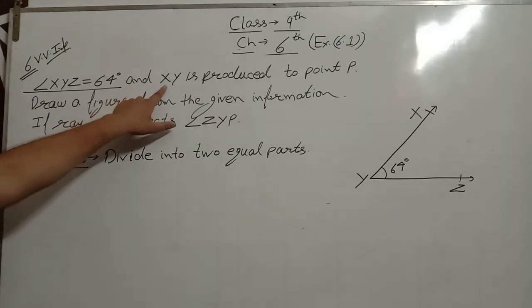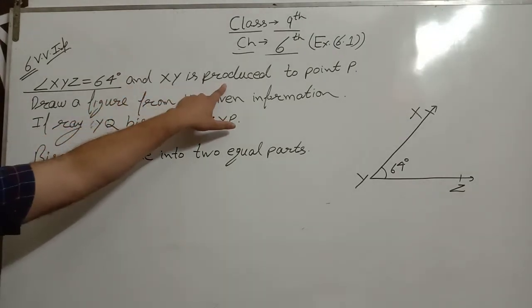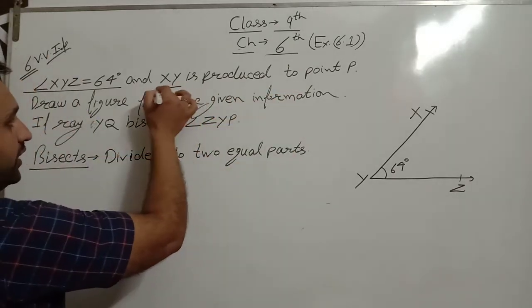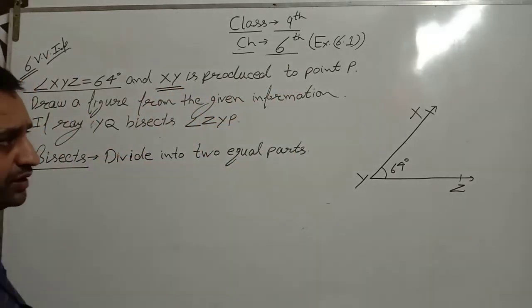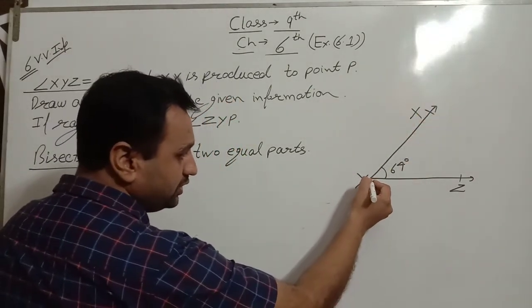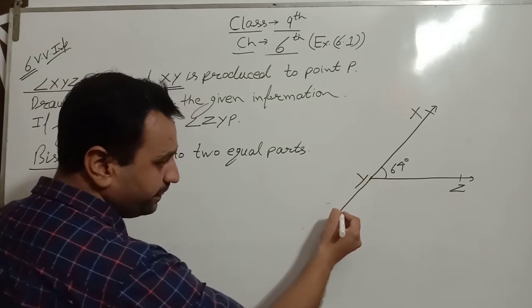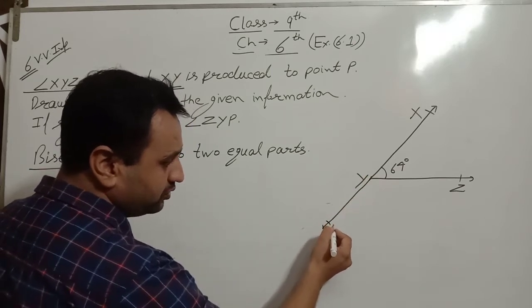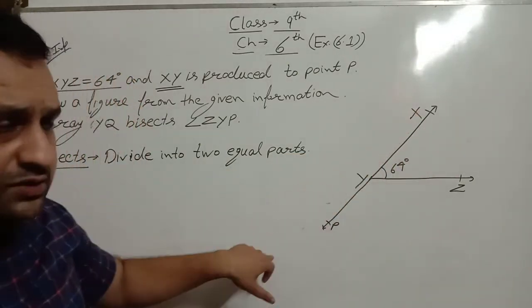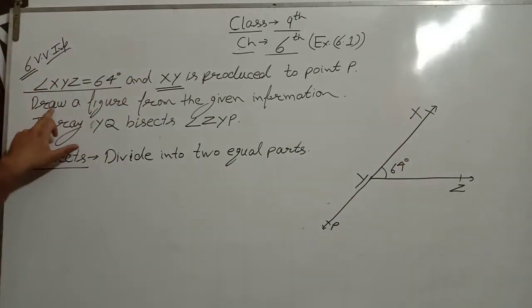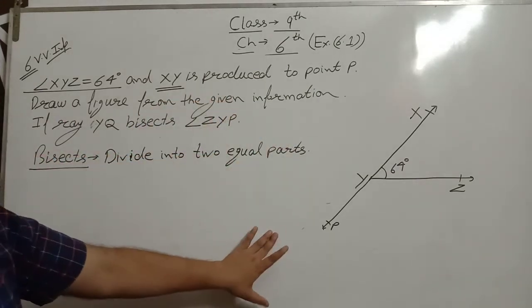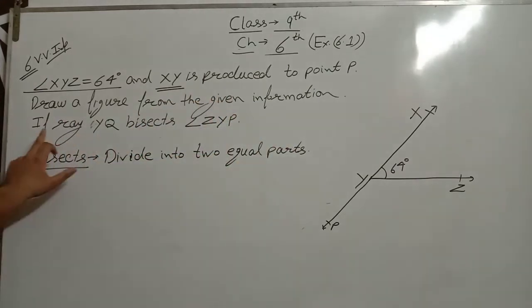And XY is produced to point P. Remember, XY is produced to point P. We have to draw a figure from the given information.